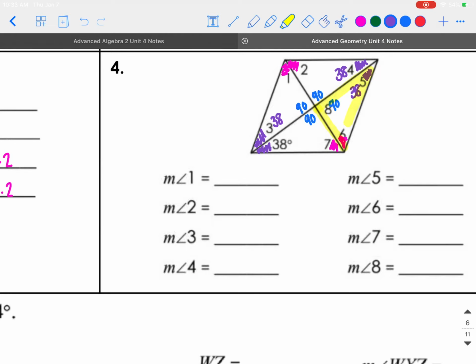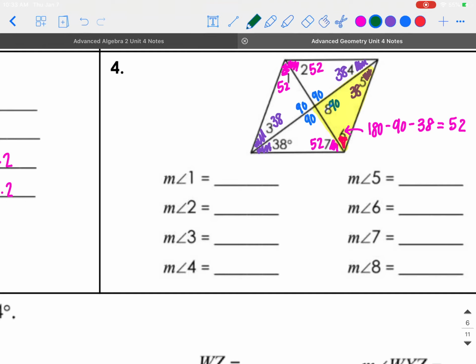And we know that in a triangle, all 3 angles add up to 180. So for the pink, 180 minus 90 minus 38 is 52. So 52, 52, 52.